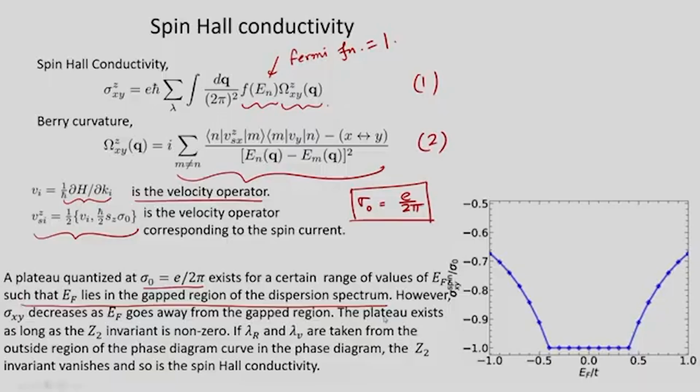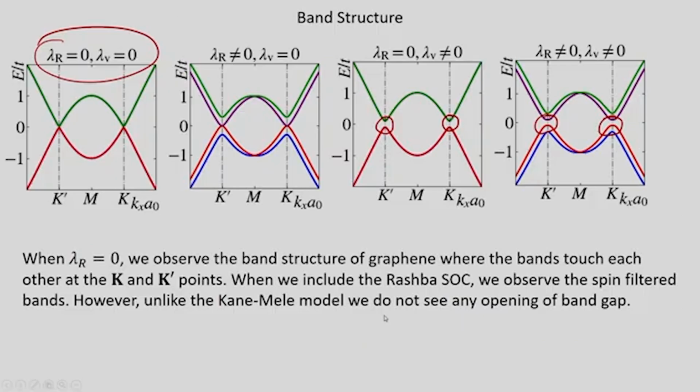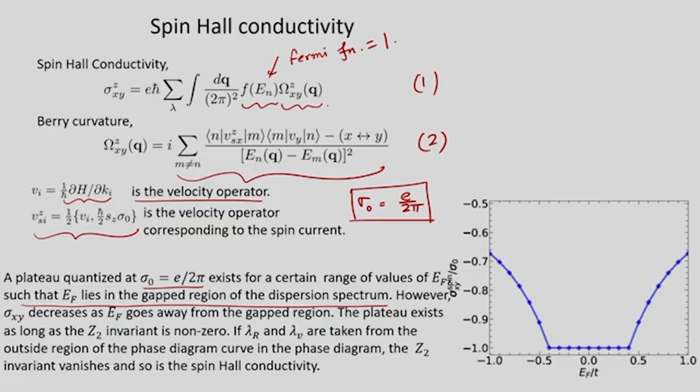So, when EF lies here, which is what we have shown earlier, where both are non-zero, when the EF lies in this gap and not inside the band, it gives you a plateau, and then the plateau goes away, and the spin Hall conductance becomes dispersive, or it rises, when the Fermi energy falls within one of the conduction or the valence bands. This is exactly the feature that we have seen earlier.